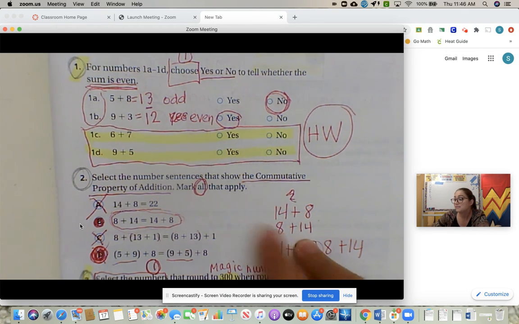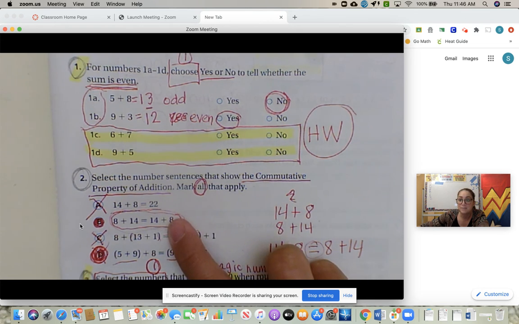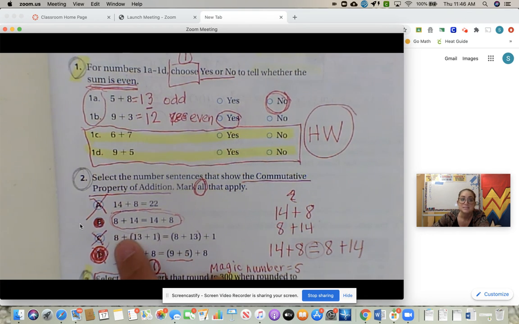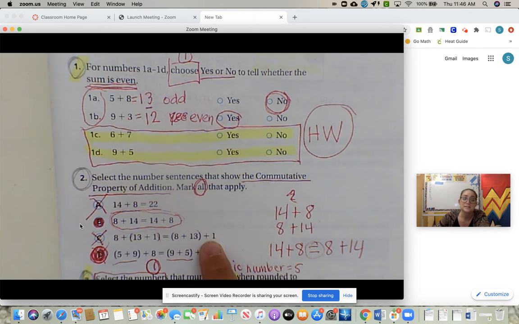Now, this looks different because we haven't practiced that. But when you put an equal sign, it's saying this side is the same as this side. And it is, because we get the same answer when we add 14 plus 8 or 8 plus 14. C is not the commutative property. It's a different property I have not taught you yet.